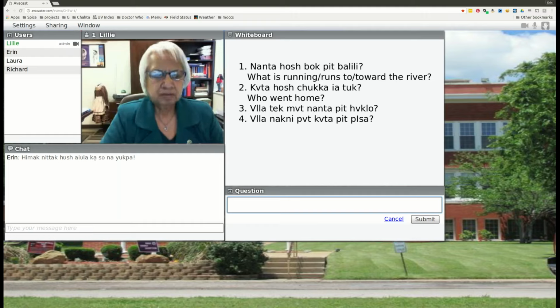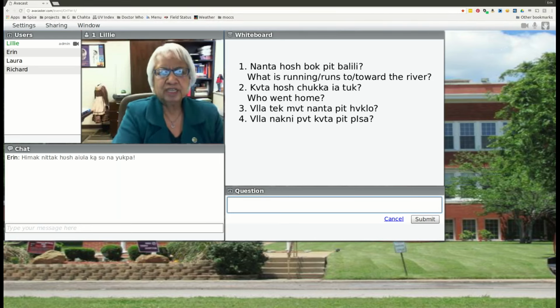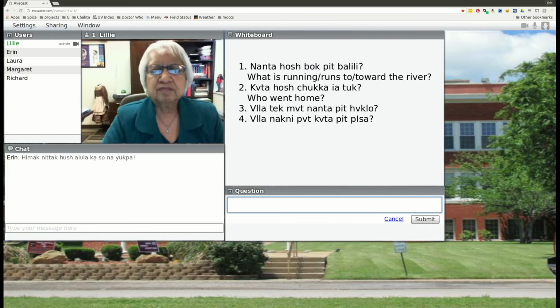We don't need a helping word in this one. So that girl, alatik mat nata, what? Pit haklo is listening to or listens to. What is going to begin your sentence, because that's what happens when we translate to the English. The question word jumps to the front of the sentence.